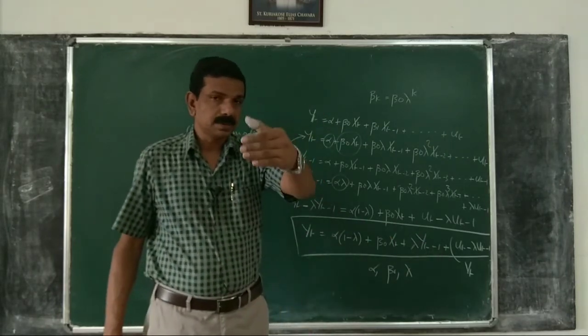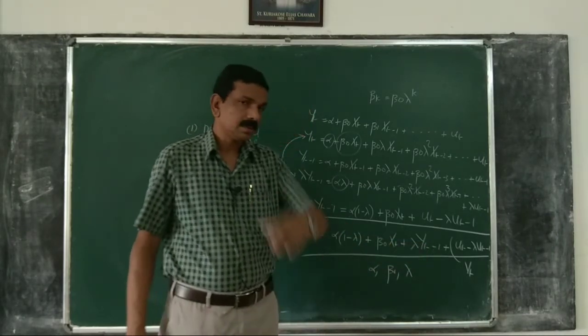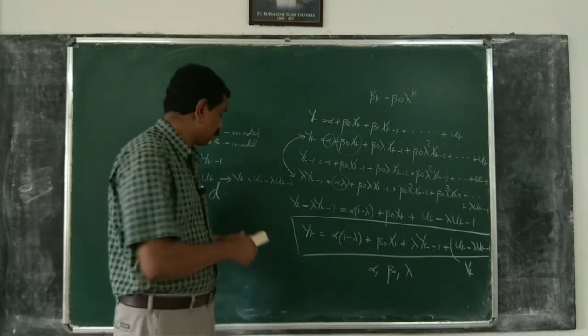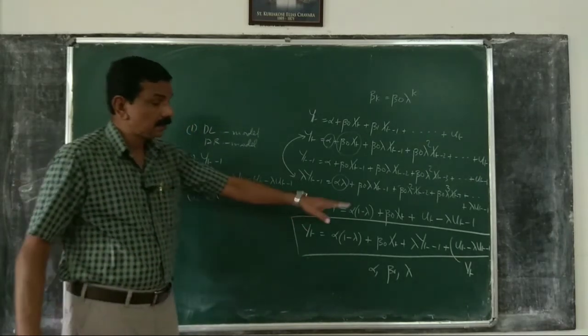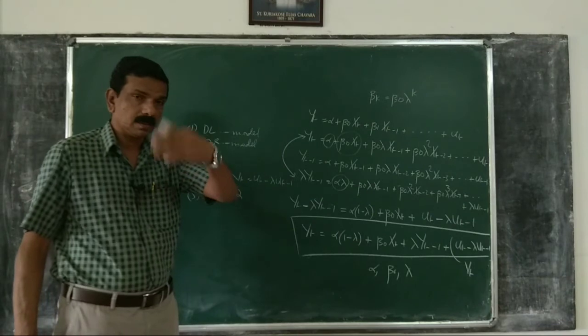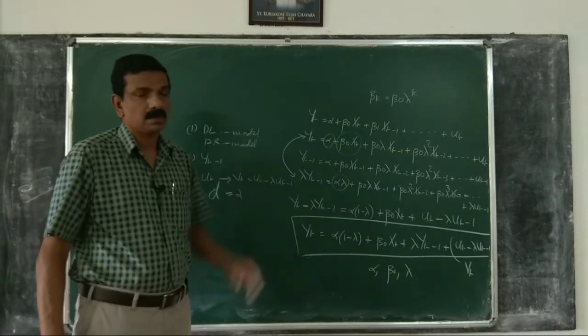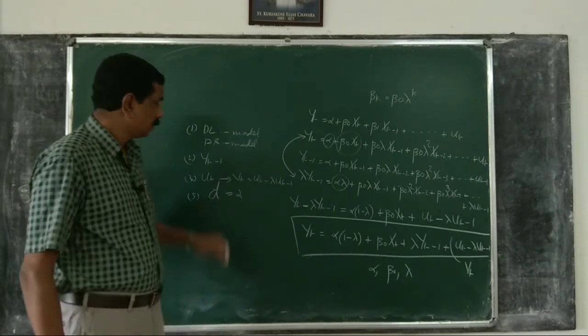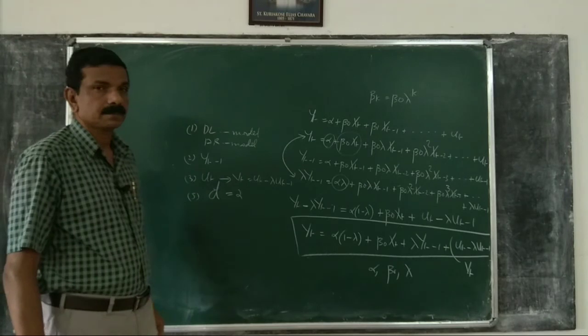If you use Durbin-Watson d to detect autocorrelation, in most cases you will get the value of d as equal to 2 or close to 2, which means there is no autocorrelation. So you will get the wrong result that there is no autocorrelation, when actually there is autocorrelation in the data. So remember, these are the features of Koyck transformation.